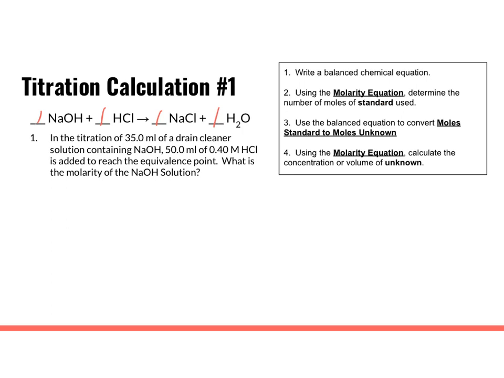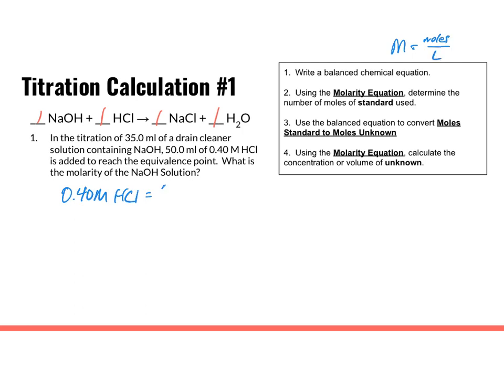So we're going to use the molarity equation to figure out how many moles is in that 0.4 molar HCl. So I'm going to take 0.40 molar HCl, and I know that that's equal to, remember our molarity equation is capital M equals moles over liters, all right?